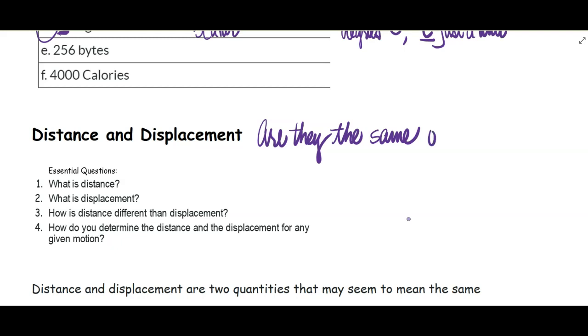Are they the same or not? All right, the essential questions are what is distance, what is displacement, how are they different? So we know the answer is no. All right, and how do you determine the distance and the displacement for any given motion?